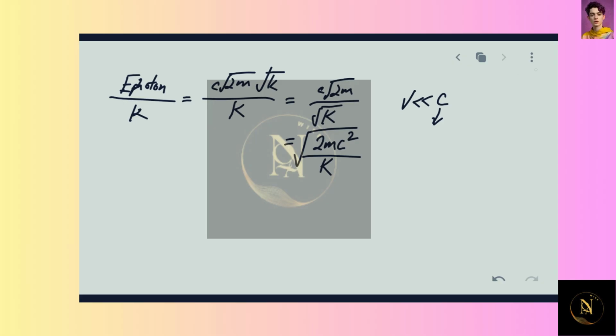This means that our velocity is not relativistic, and it also means that the kinetic energy is much smaller than the rest energy of our electron. If we really want to, we can substitute in K as half mv squared.